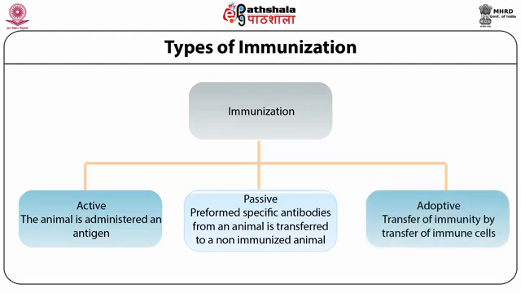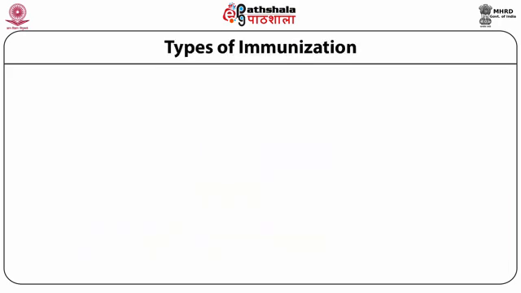In adaptive immunization, the immunity is also transferred from one animal to another, but by the transfer of the immune cells themselves. Let us look at some of the features of these three types of immunizations.